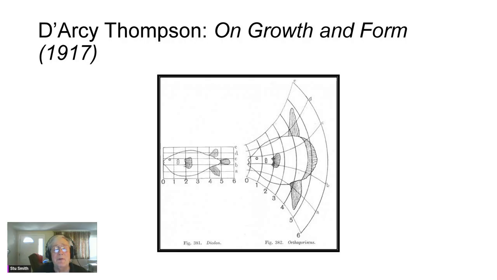Part of the inspiration for the distortions was this book On Growth and Form by D'Arcy Thompson. You can see here he took a porcupine fish depicted on regular coordinates, and then he distorted the coordinate system, and what he ends up with is a perfect rendition of the ocean sunfish.